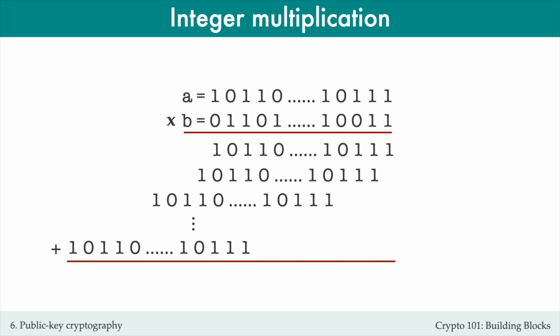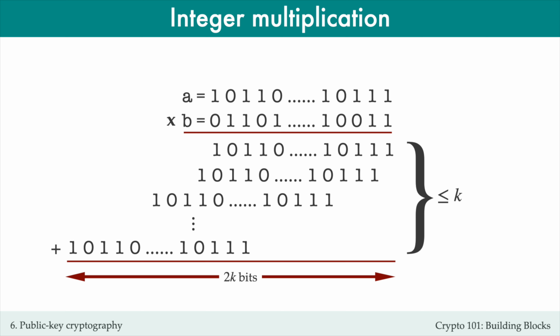And then I add these numbers together. There are at most k such numbers, and each is at most 2k bits in length. Hence, there are at most k-1 additions of numbers that have bit length at most 2k. So the additions take big O of k squared bit operations.